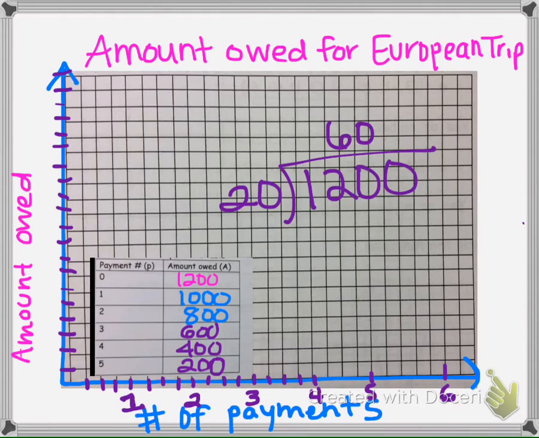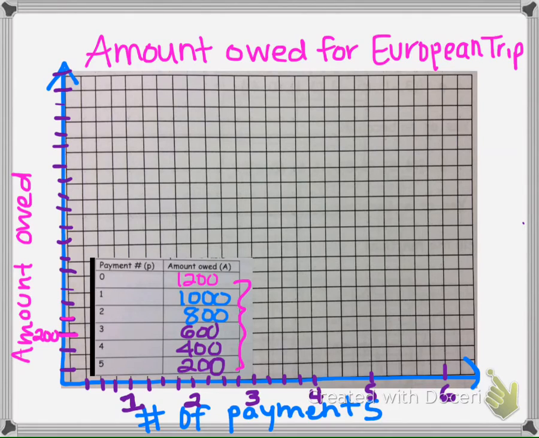So to have 1,200 at the very top, I could go up by 60s if I want. But since I see that these are going down by 200, I'm going to make every 3 boxes 200. I'm going to go by 200s here.